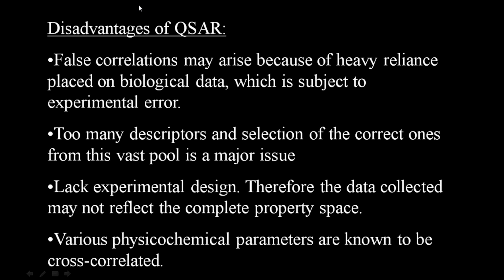I may be missing out the correct one. Lack of experimental design. Using computational methods, I will say I want to synthesize a molecule with the chloro in this position, that position. Maybe it is not possible for the synthetic chemist to synthesize, or they will be able to synthesize only one set of molecules. So that is a problem.